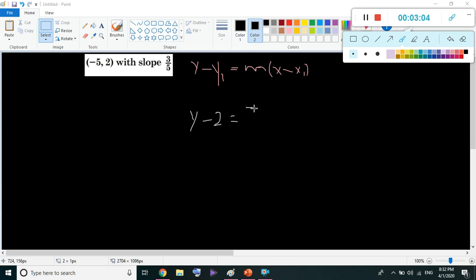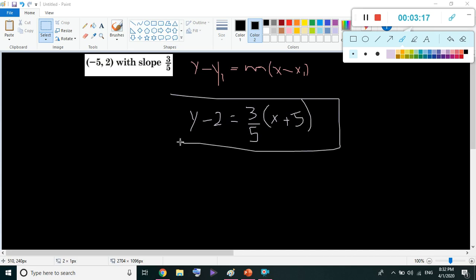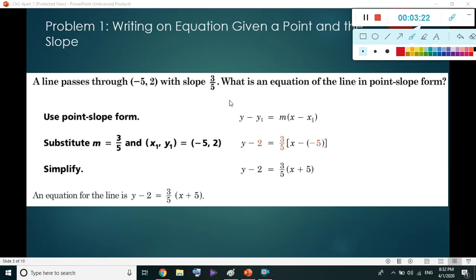They gave us m as 3/5, times x minus x1, which is -5, so it's going to be plus 5. So this is the point-slope form. Let's check our answer. We got y minus 2 equals 3/5 times (x plus 5). That's right. They asked for the point-slope form, so this is the point-slope form.